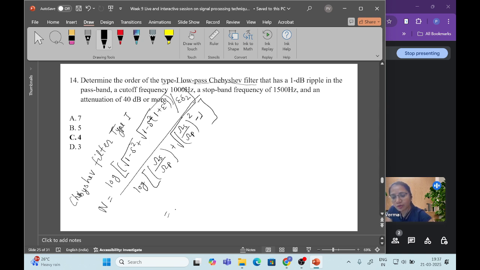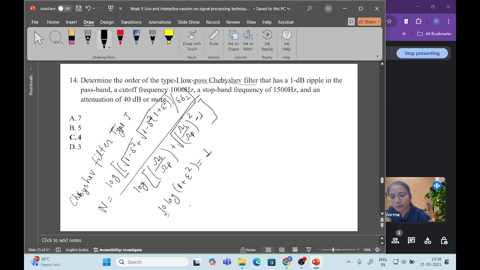Now we have to calculate the value of del 2 and E. How to calculate? 10 log 1 plus E square is equal to 1 because 1 dB ripple in the pass band.